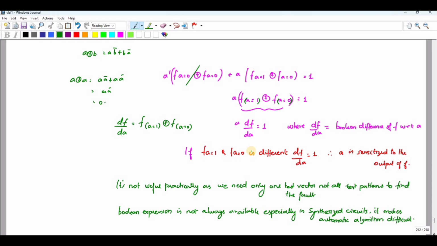This method is not used practically because we need only one test vector, but not all the test patterns, in order to find the fault. Also, the Boolean expression is not always available, especially in synthesized circuits. It makes the automatic test pattern algorithm difficult.